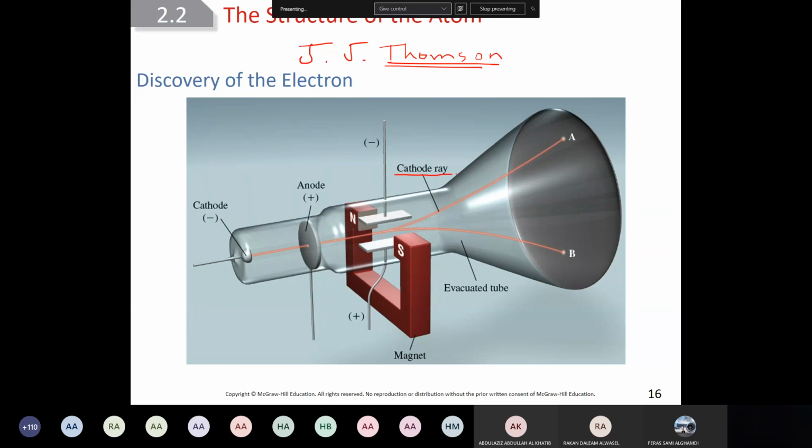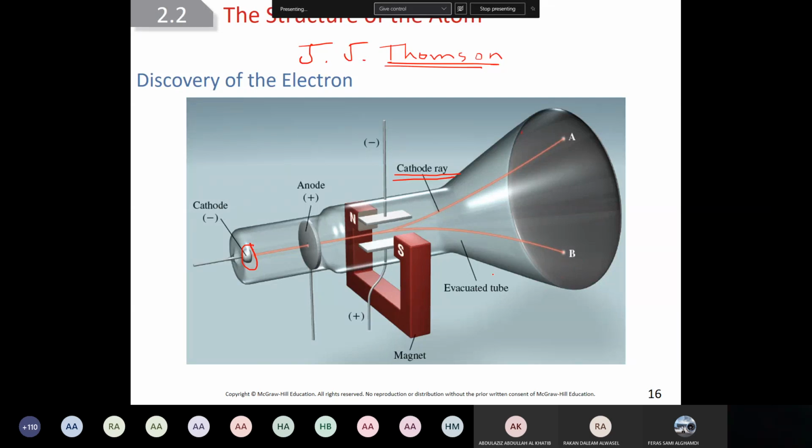The name of the experiment is cathode ray. Write the name. Cathode ray experiment. What did he do? He put one element as the cathode and another element, the same element, on this side as the anode.